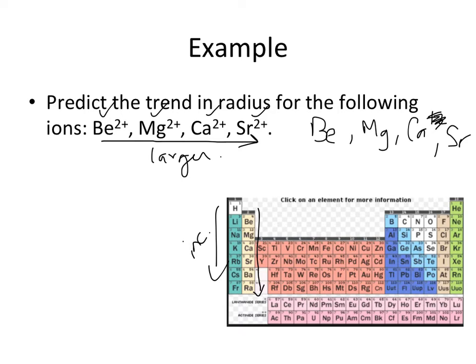So if you are comparing the neutral versus the ion, in this case, the cations are going to be smaller than the parent atoms. However, in this case, they're just asking you to predict the trend for just the ions, and as you go from top to bottom, you're getting larger. So in this case, that would be your answer for this question.